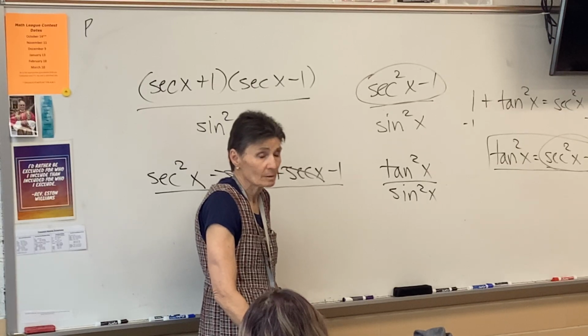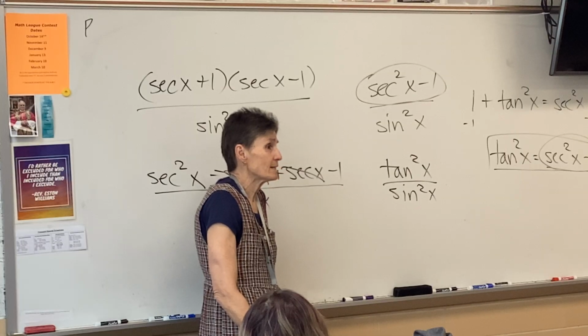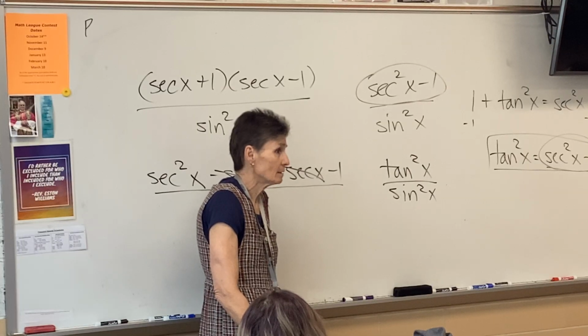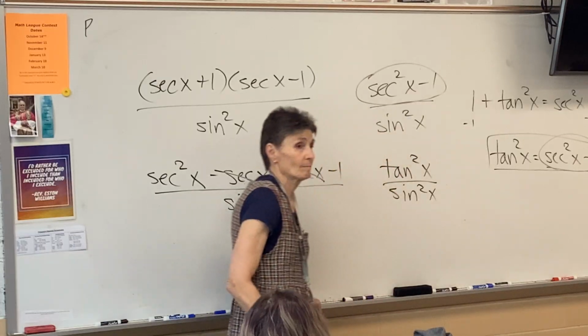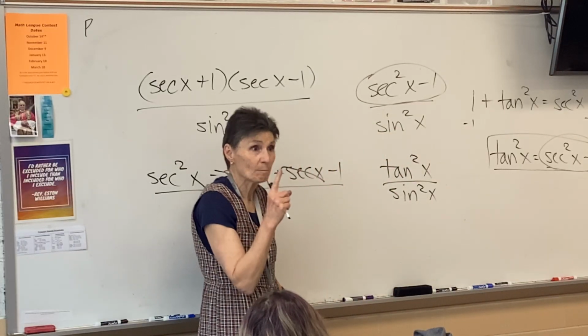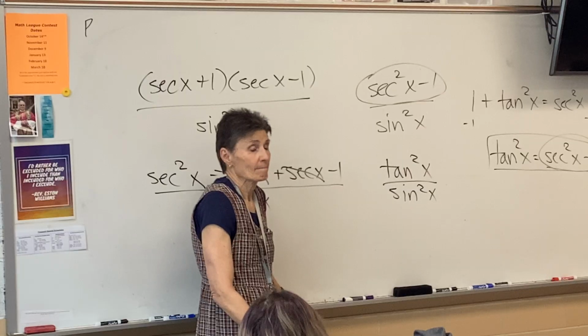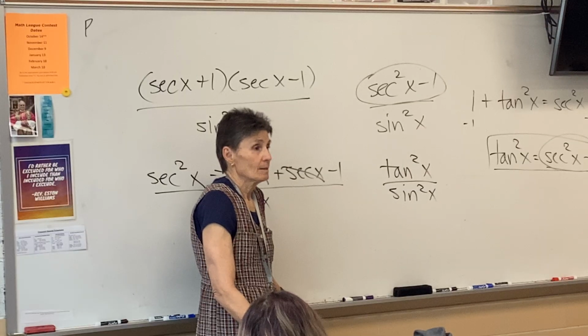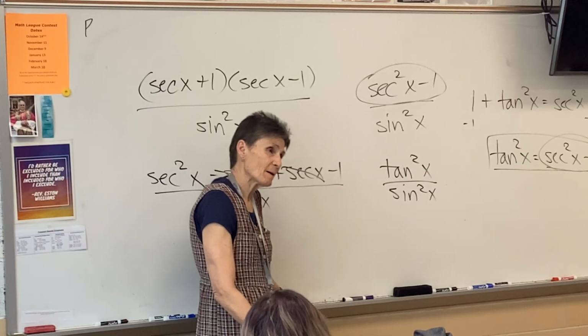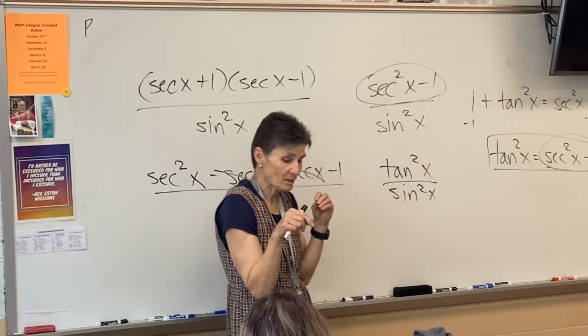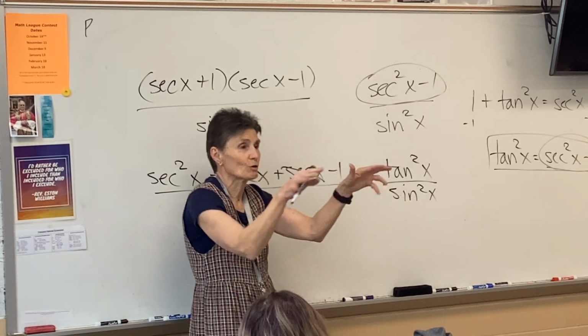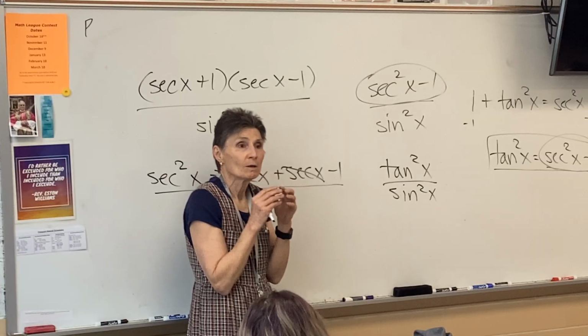Write that down. Every time you see a secant squared minus 1, you're going to replace it with tangent squared. Remember, we're trying to simplify it. Now, what can you tell me about tangent? I know you can tell me lots of things about tangent, but in terms of what's on the green sheet, your identity sheet, it's sine over cosine.